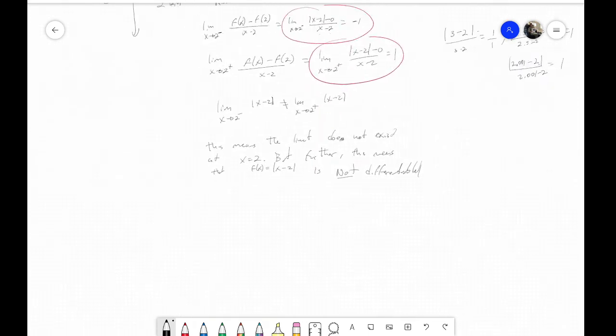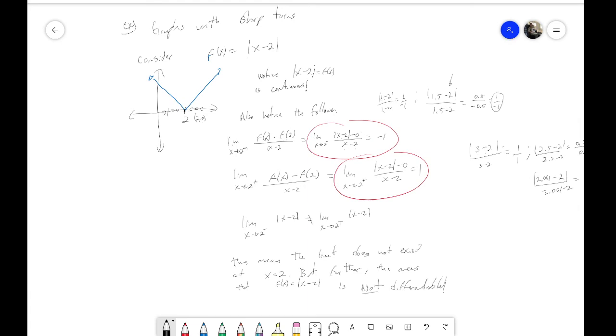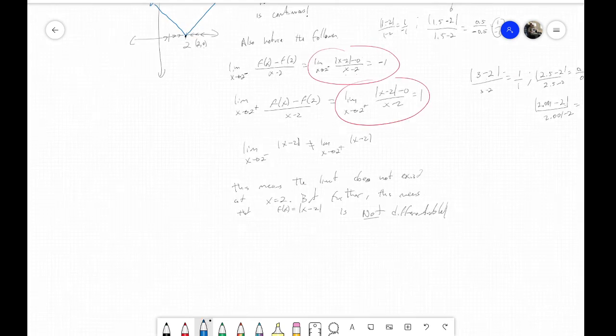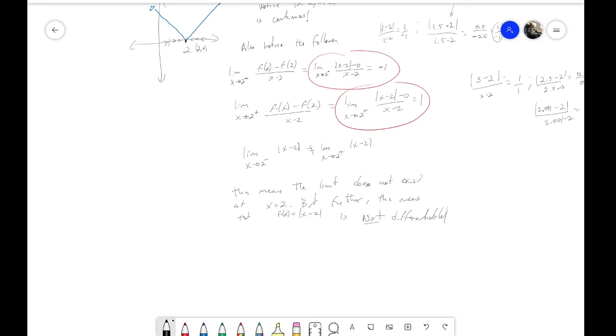There's a way to define it piecewise to make it differentiable.